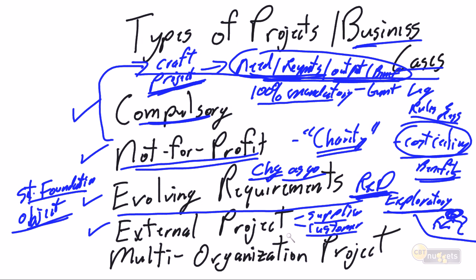Or we're going to allow our customers to directly use a web interface to come in and create orders, to do customer service, to inquire on shipping information, or whatever the case is going to be. In these external projects, one could say again, there's not a lot of reason for the business case because the whole scope, the focus, is going to be controlled by our suppliers, by our customers. It's not our business management that's going to define the project. It's going to be the requirements of the suppliers and the customers.